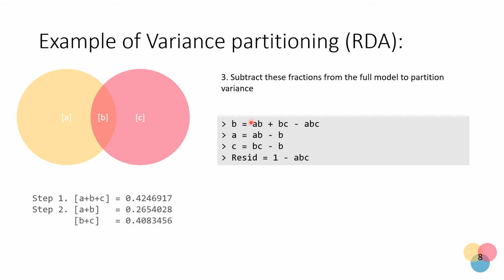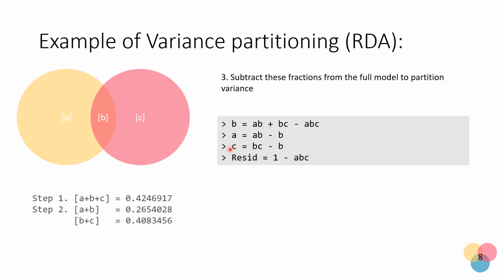So we can subtract ABC, which has only one A and one C. If we subtract the variation explained by ABC, we are left with only B, which is great because then we can use this to subtract from our AB and BC fractions to calculate each variable individually. And then you can display this in this Venn diagram here very nicely, a nice way to visualize the variation explained by each component.